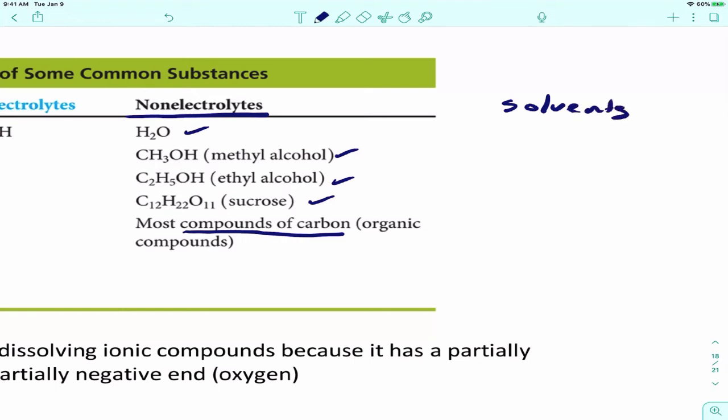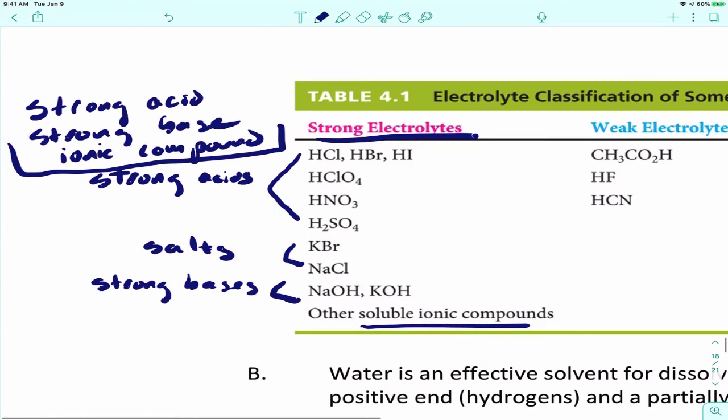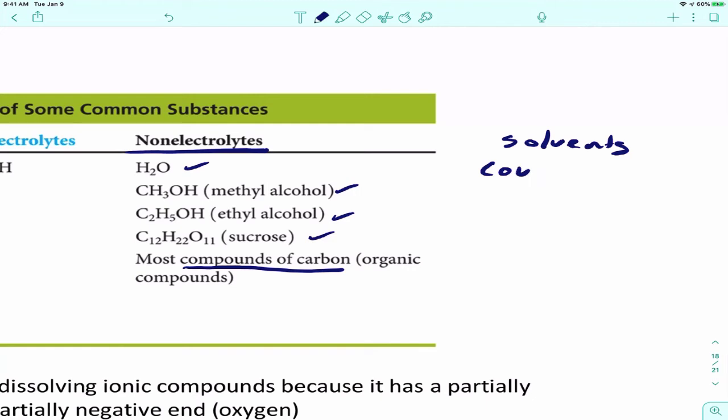So non-electrolytes are usually the things that we're dissolving into. Okay, so that's why water, methyl alcohol, and ethyl alcohol, those are called out because usually those tend to be solvents for us. Okay, so not only are we dealing with solvents, but whereas over here on the left, we're dealing with ionic compounds, most non-electrolytes tend to be covalent compounds.